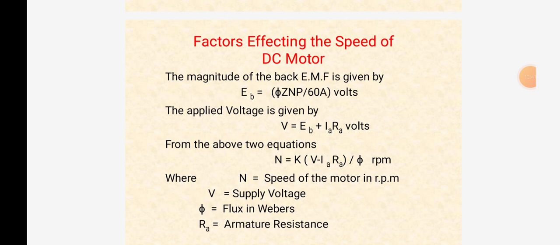Already we know the equation, and also from this equation the applied voltage V = Eb + IaRa volts. We know this equation also. Here we are neglecting the drop at brushes. From this equation, we can consider Eb = V - IaRa.